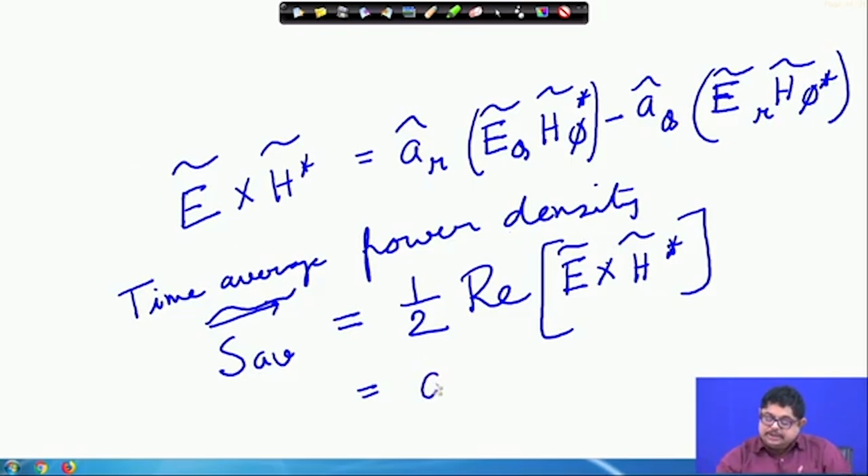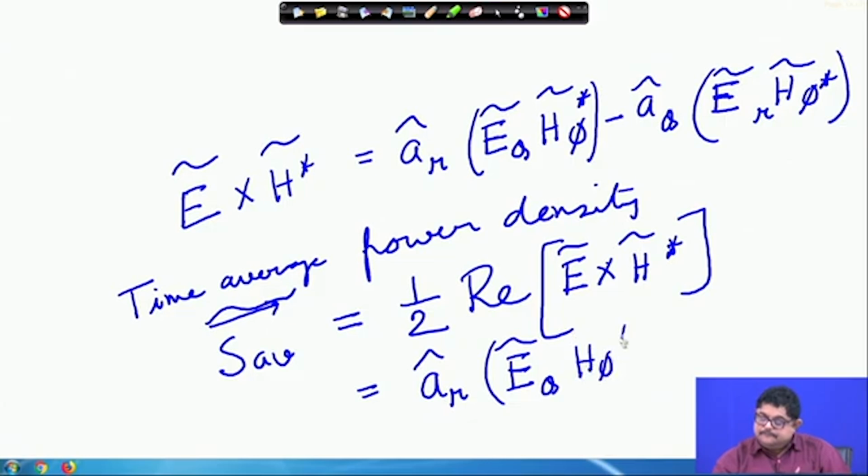So, that is nothing but only a_r. So, it has only a radial component, that means time average power is flowing only in the radial direction. It is not flowing in any other direction.